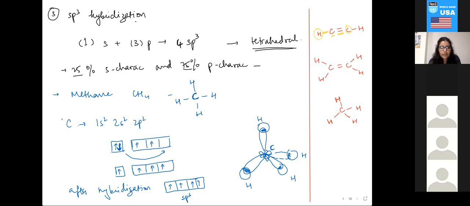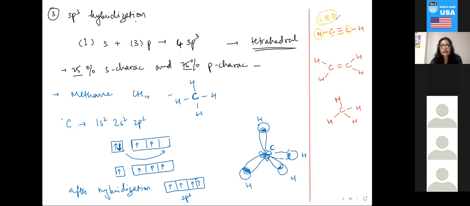Yes, ma'am. If it had to bond with two atoms, how many orbitals will this carbon need? One bond needs one orbital, so two bonds need two orbitals. If it is forming three bonds, then three orbitals. So this carbon bonded with two different atoms, so it required two hybrid orbitals.